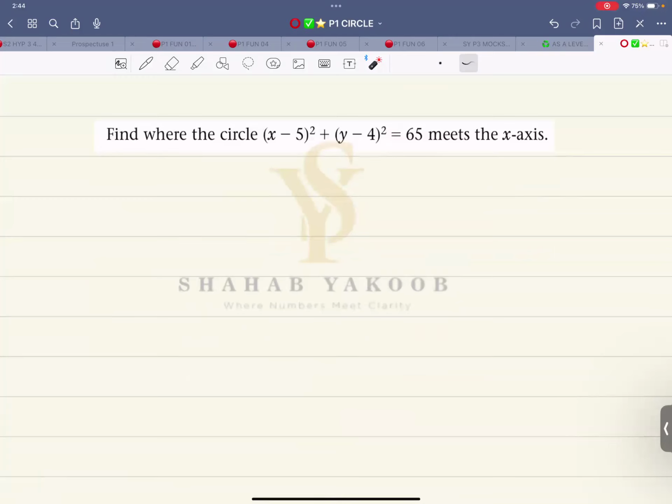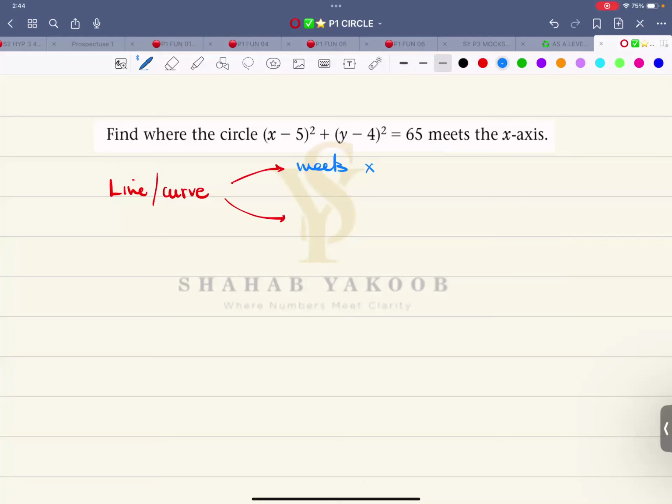Now it says find where the circle meets the x-axis, a very simple question. When a line or curve meets the x-axis, then the y coordinate is 0. If it meets the y-axis, then the x coordinate is 0.